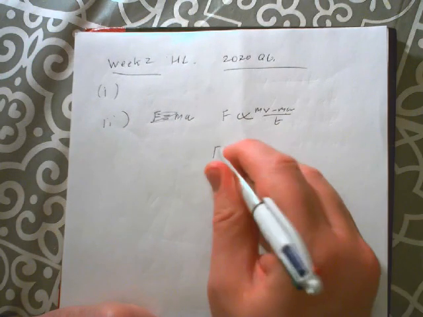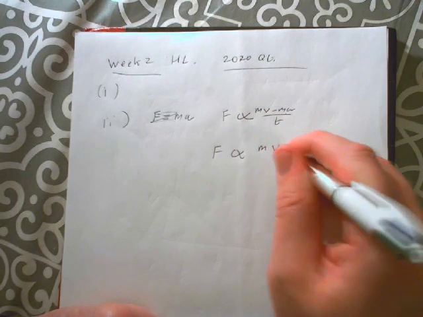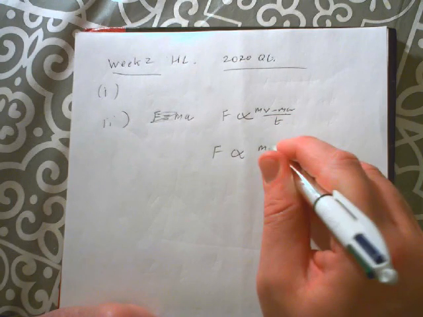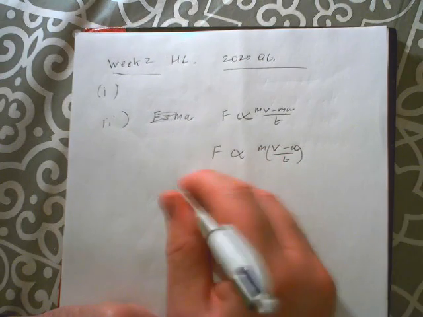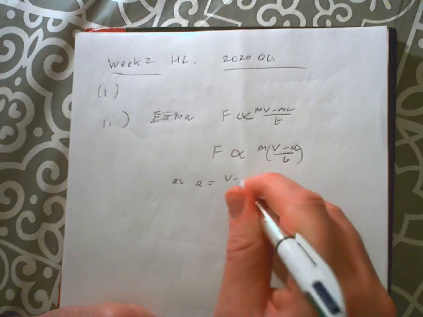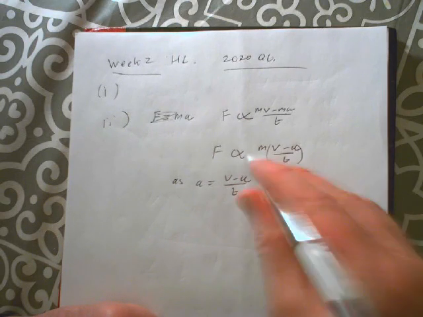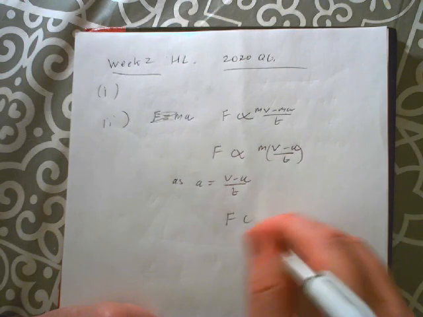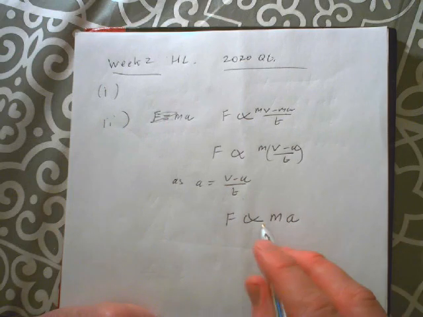So let's start off by taking out m as a common factor up top there, v minus u over t. Okay, let's just take the m out. And because v minus u over t is acceleration, that's final velocity minus initial velocity over time, we can put in a instead of this. So we have F is proportional to mass times acceleration.